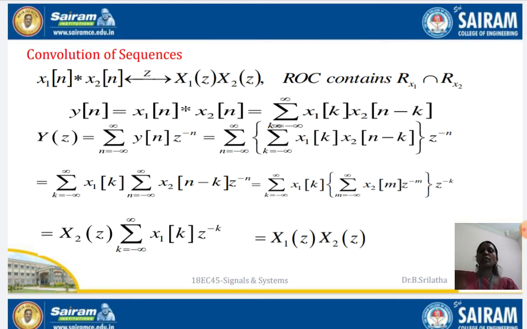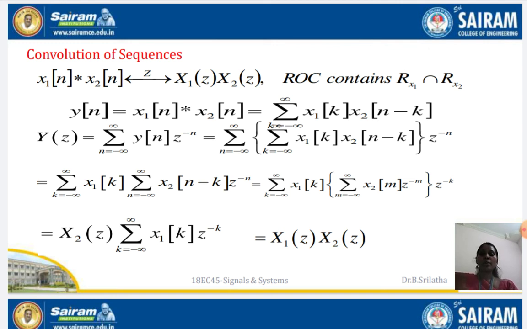The z transform of y of n is y of z, summation n equal to minus infinity to plus infinity y of n into z power minus n. Now I substitute y of n from the convolution sum expression: summation k equal to minus infinity to plus infinity x1 of k into x2 of n minus k, times z power minus n.